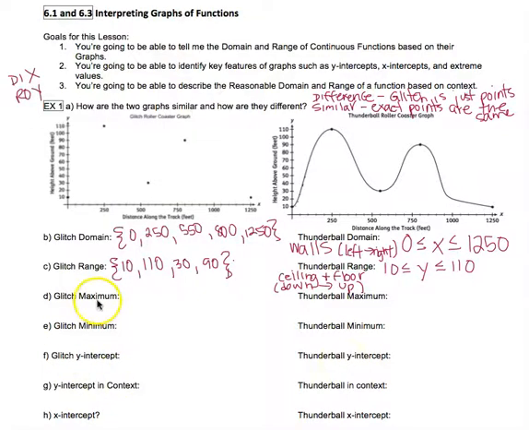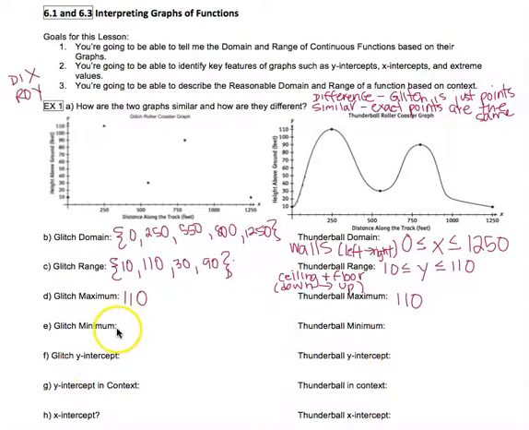So maximum that we're looking for here is the highest y value. So I look on my glitch, the highest y value would be in the range, and that'd be 110. I look at the thunderball, the highest y value, which I have listed on my range, also 110.